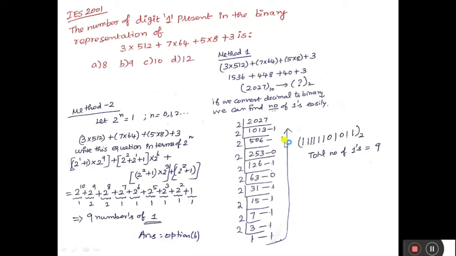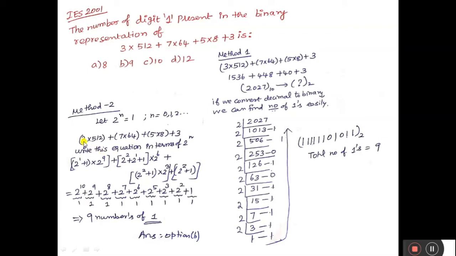The second method, assume 2 power 0 equal to 1. The n is 0, 1, 2, it is going on like this. So the given question is 3 cross 512 plus 7 cross 64 plus 5 cross 8 plus 3. So I am going to write this equation in terms of 2 power n directly.